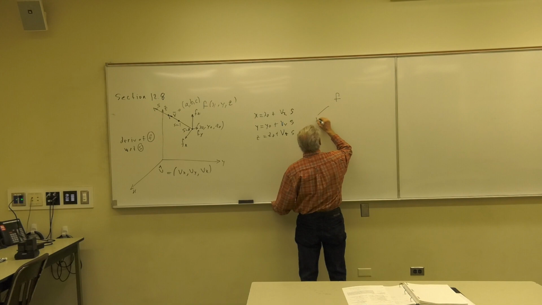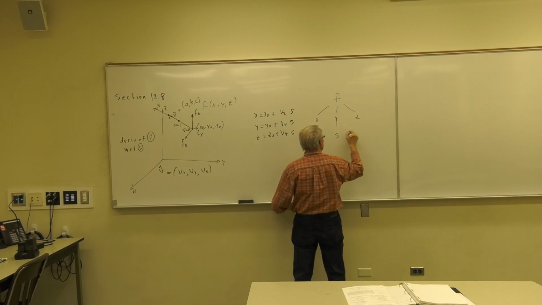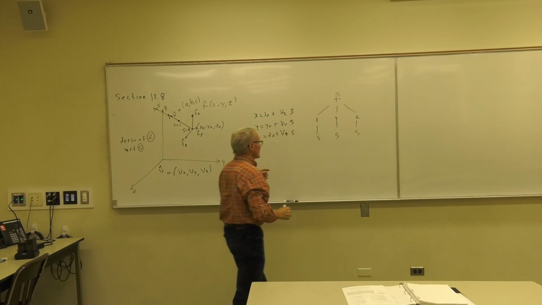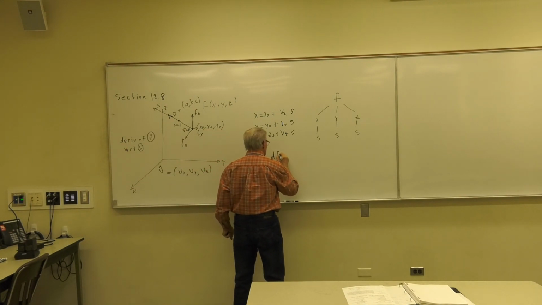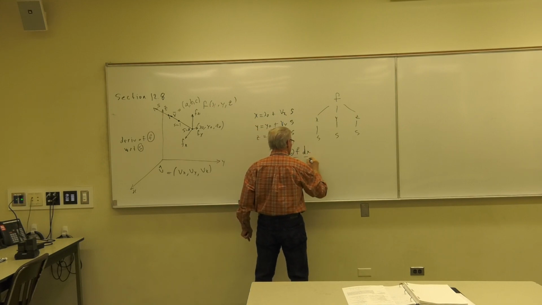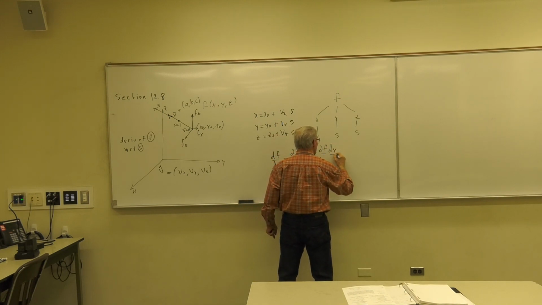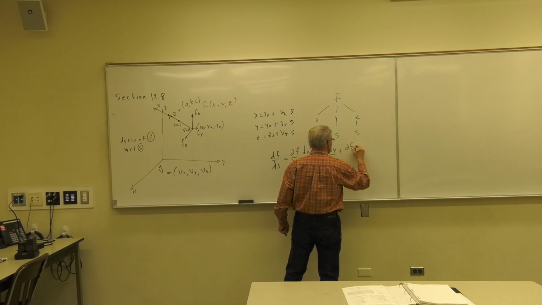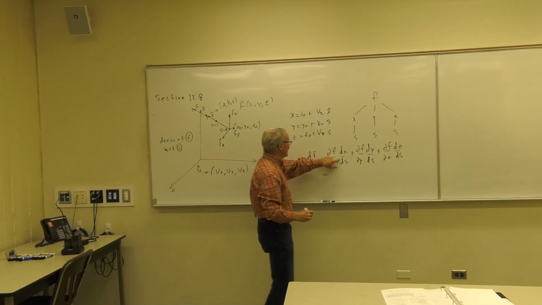So what do we got? F then, x, y, z, s, and s. And we wanted the derivative of f with respect to s. That's going to be df ds. It's going to be df dx dx ds, df dy dy ds, df dz dz ds. But we know dx ds.